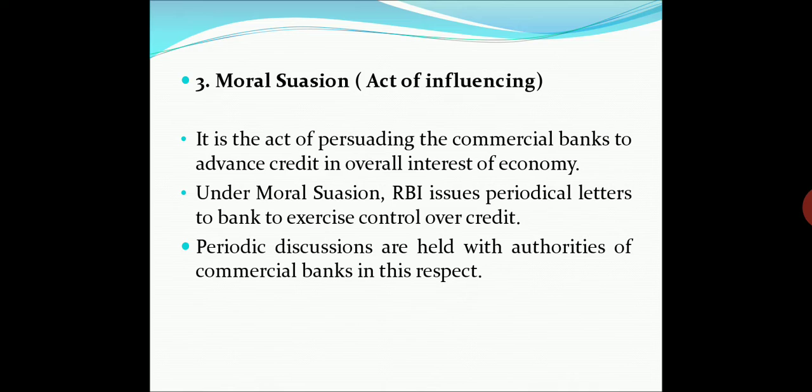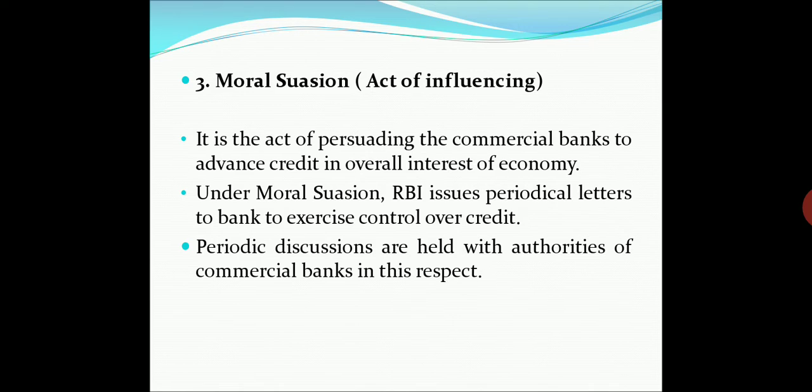This is a method which can be adopted in addition to the quantitative and qualitative methods of monetary policy. It is particularly useful where the other methods of monetary policy have either failed or have proved to be doubtful. So what is done under moral suasion?